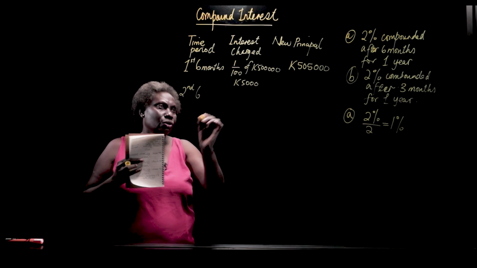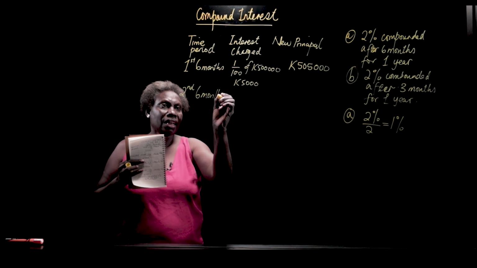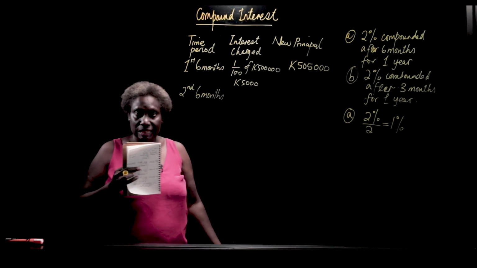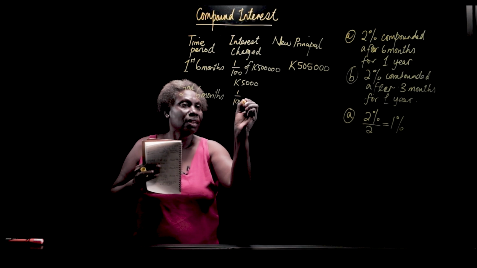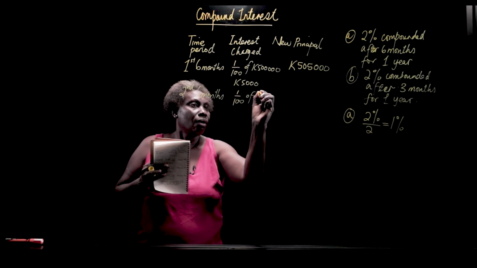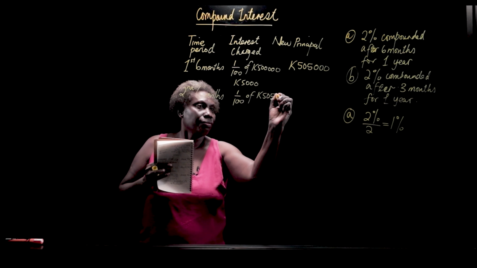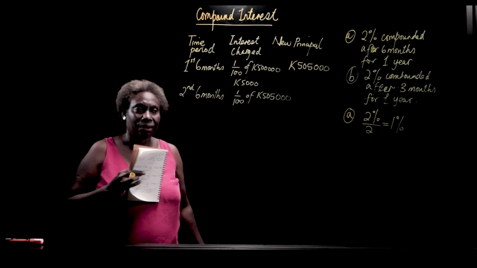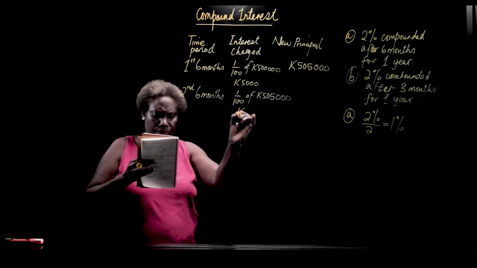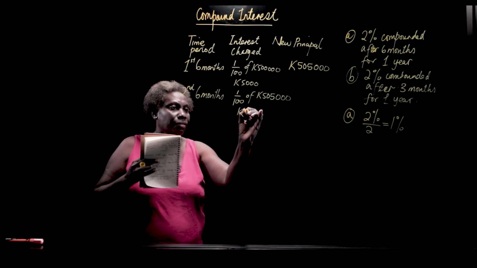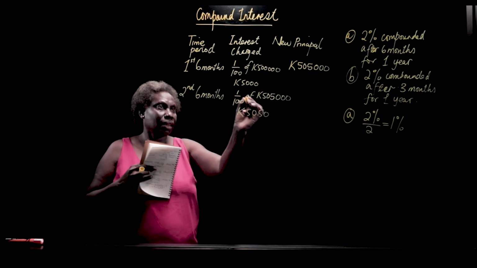Let's look at how much interest is going to be added after the second half, which is after the second 6 months. This time it's going to be 1% of 505,000 kina. That will give us 5,050 kina.